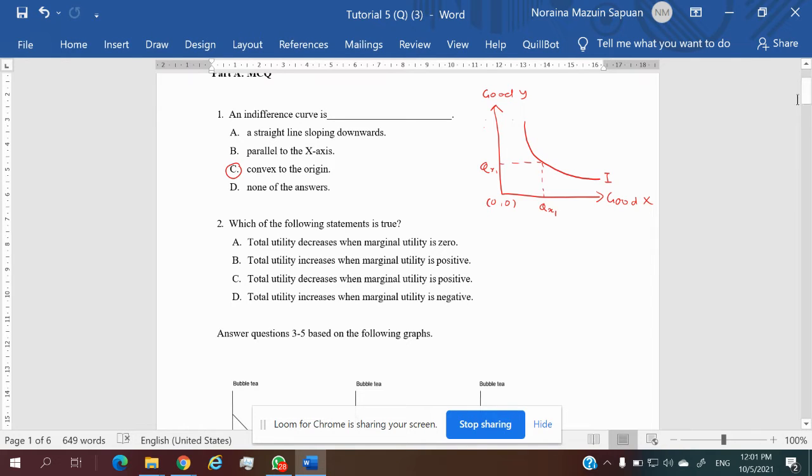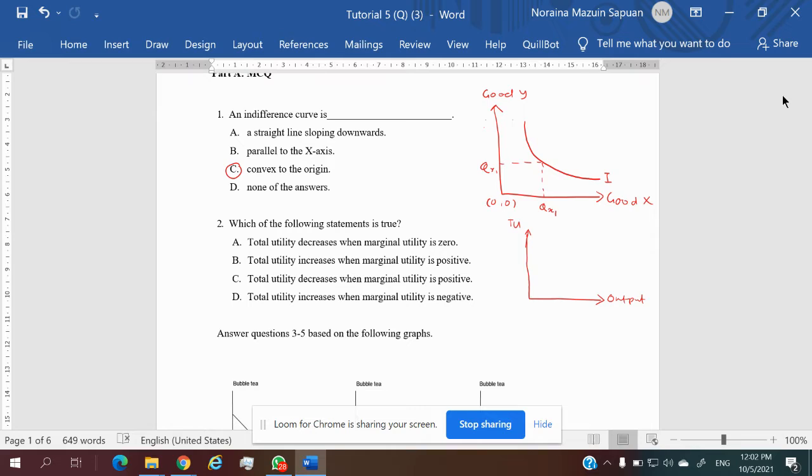In this topic, we have total utility, representing the utility that you achieve from using or consuming the goods that you prefer in the market. Okay, let me show you. Let's say this is the total utility and this is the output level.